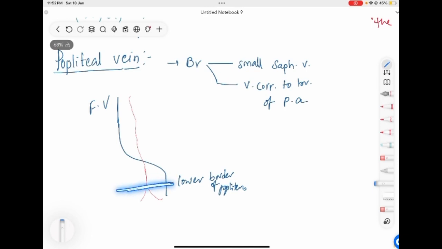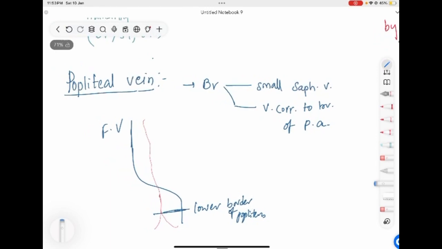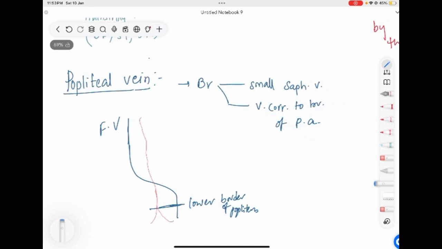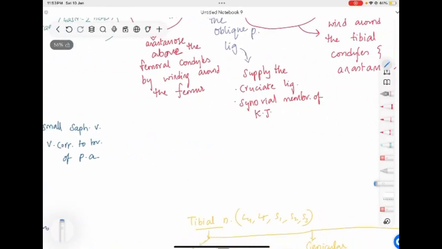It is alongside the anterior and the posterior tibial arteries. So it traverses across the popliteal artery and continues as the femoral vein. The branches of the popliteal vein are the small saphenous vein and veins corresponding to branches of the popliteal artery. So yes, with that we are done with the popliteal vein.